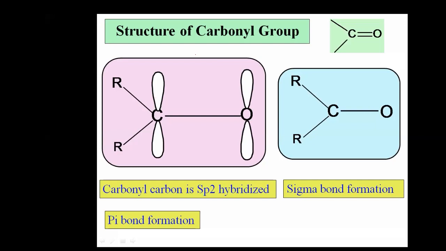This is the unhybridized orbital of oxygen, and this is the unhybridized orbital of carbon. Now the p orbital of carbon and the p orbital of oxygen overlap laterally. They overlap sidewise with each other, and there is the formation of a pi bond. This is the pi bond formed between carbon and oxygen, while that previous bond is the sigma. हा मात्र कुठला होता? This is the sigma bond, and thus between that carbon and oxygen there is one sigma and one pi bond.